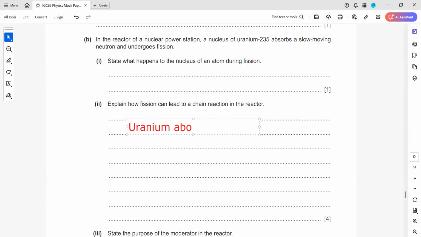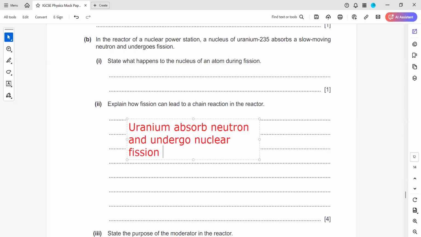The uranium will absorb a neutron and undergo nuclear fission, which causes more neutrons to be released.